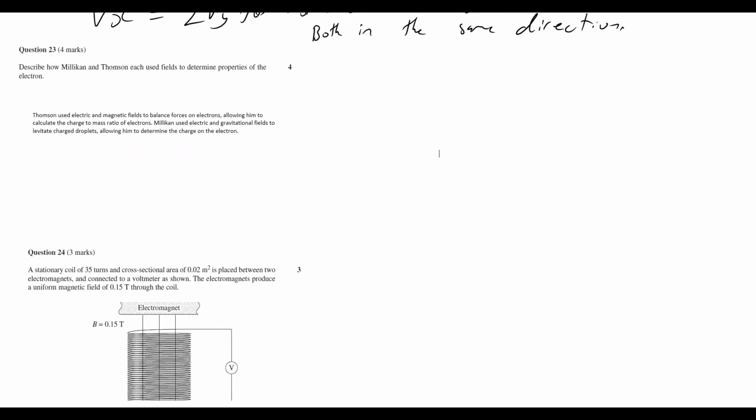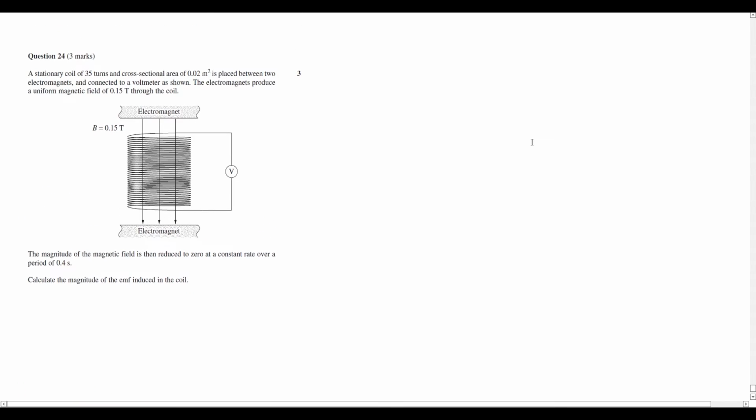And Millikan used electric and gravitational fields to levitate charged droplets, allowing him to determine the charge on the electron. Yeah, so pretty much what you would expect for us to be putting into this answer. So just quickly identifying what these experiments actually did and proved, and then the interaction between the different and relevant fields in each experiment. Now, moving on to question 24.